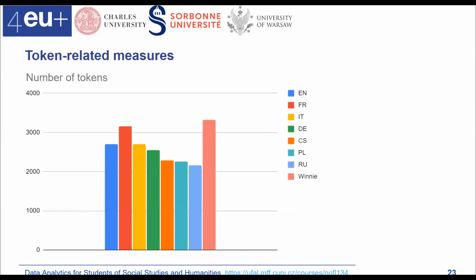Okay, so let's look at the results of the research. Just to explain what I have done, I have taken 6 official language versions of the preamble itself. So the same text you have read.